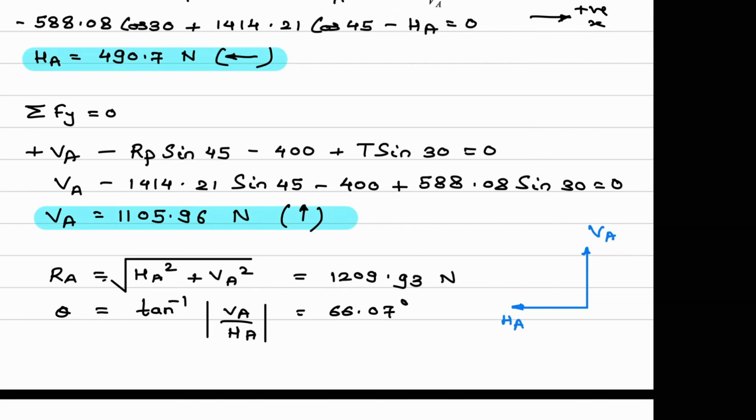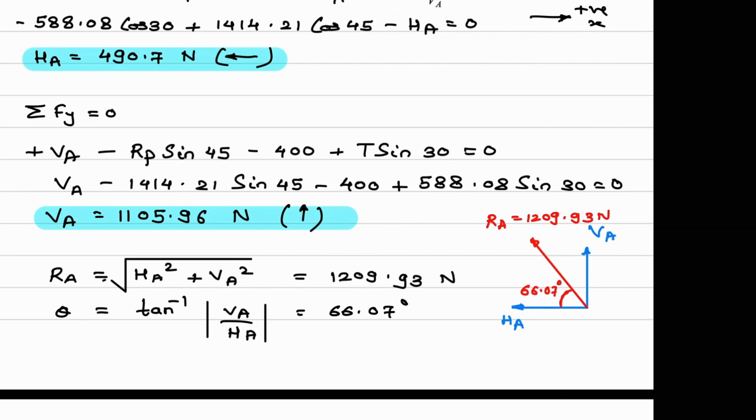It will be second quadrant. Here I'll draw the resultant, and its angle is not 45, so its angle is around 66. So this will be RA, whose value is 1209.93 Newton, and angle with respect to x-axis is 66.07 degree.